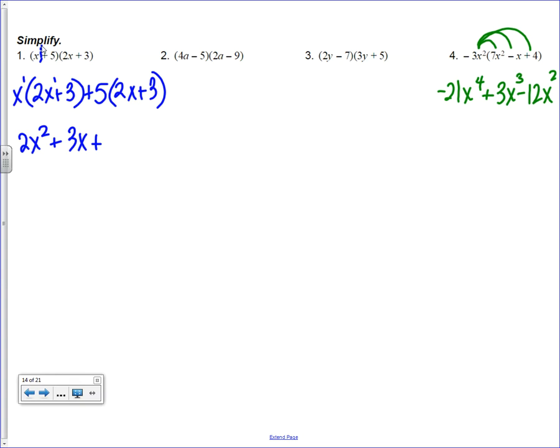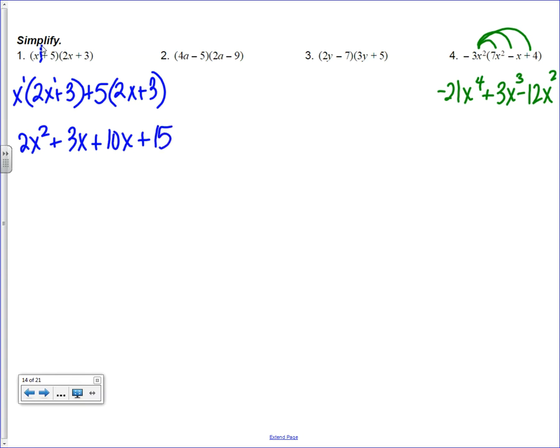Try again, we're multiplying. 5 times 2? Try again. What's 5 times 2? There we go. That's okay, 10x. And then 5 times 3 gives me 15. Perfect.